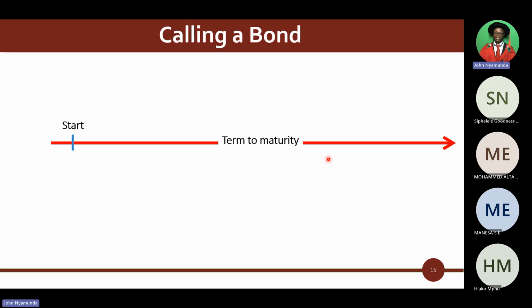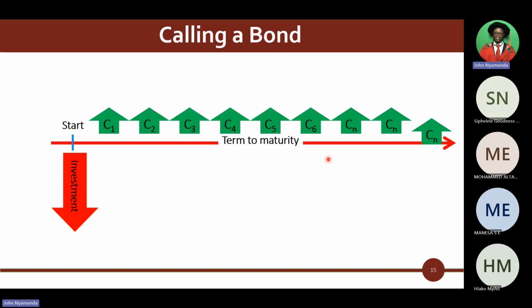Okay. So now we are going to talk about calling a bond. Calling a bond is a theoretical thing. Remember we said you invest, get your coupon, and at maturity get back your investment. But with calling a bond, before we get to maturity, the bond issuer will call the bond.